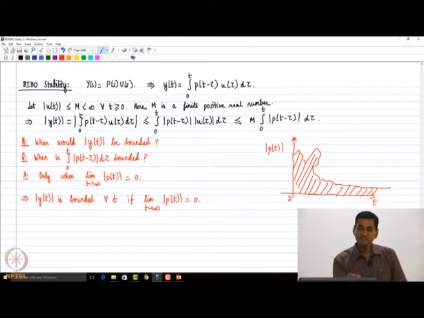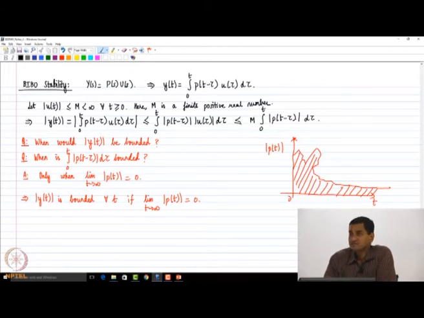So this is a sufficient condition for BIBO stability. It says that if you give me the impulse response, and the impulse response decays to 0 as time t tends to infinity, then my system is BIBO stable.